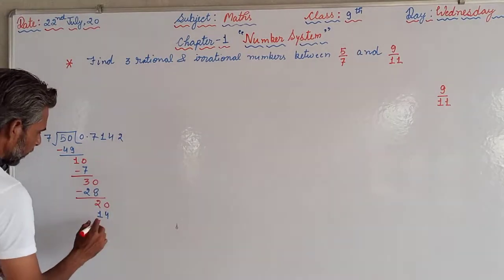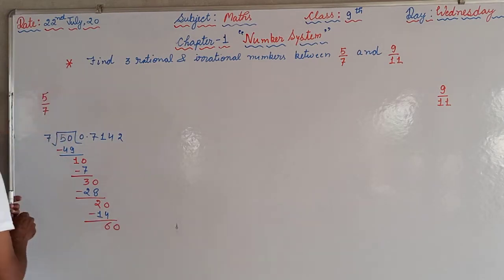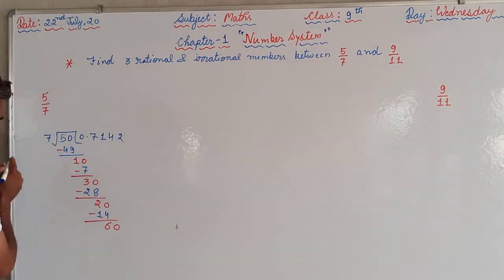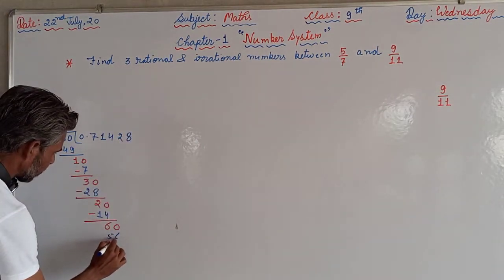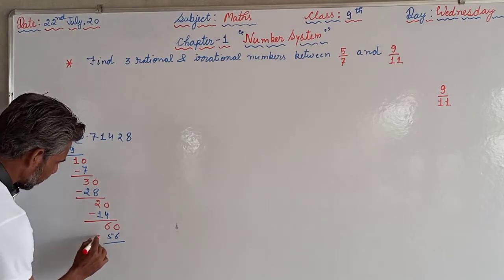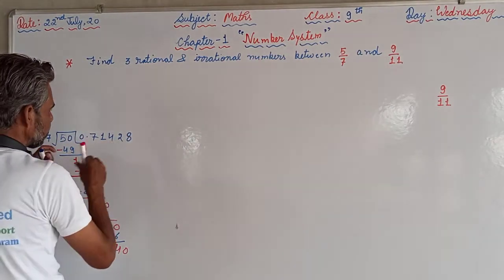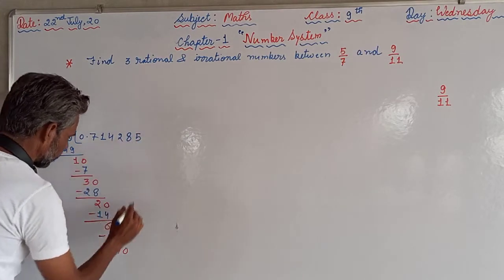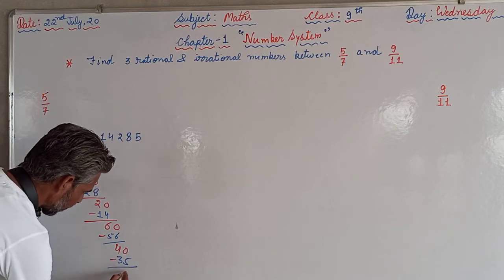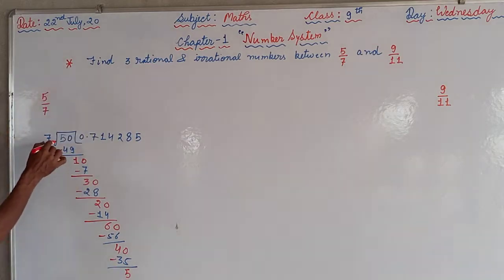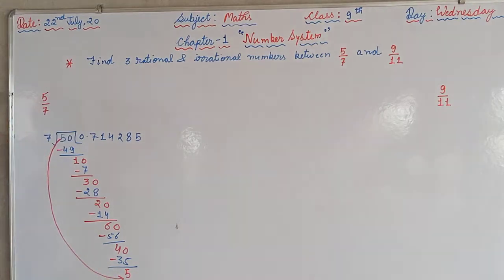Again we will get 6 after subtraction, and we will get 0, and 7 8s are 56, and we will get again 4, and we will place the 0, and 7 5s are 35, and we will get here 5 after subtraction, means from where we have started we got the same thing here.